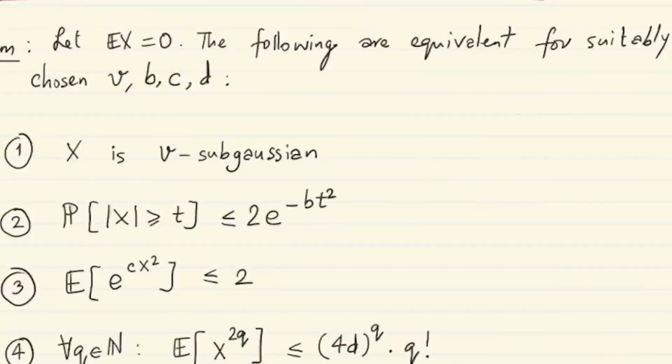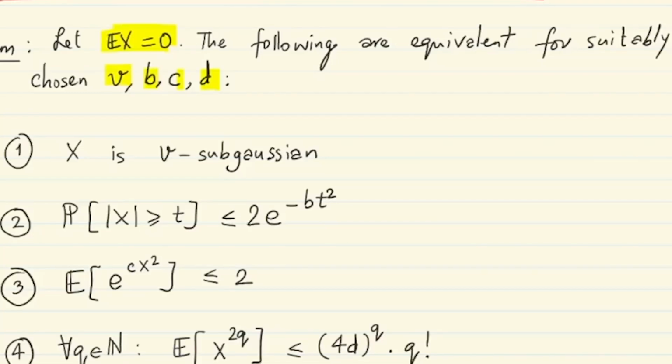If you have a random variable whose mean is 0, then the following statements are essentially equivalent for suitably chosen numbers v, b, c and d. So essentially up to constant scale factors, all these definitions give you the same property of a random variable x, which is essentially the fact that it has a sub-Gaussian tail. The first property is our usual definition that we just made about x being v sub-Gaussian.